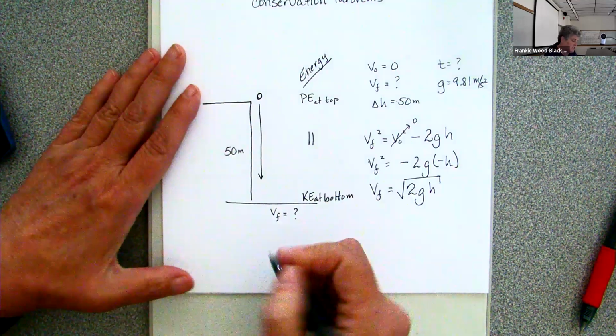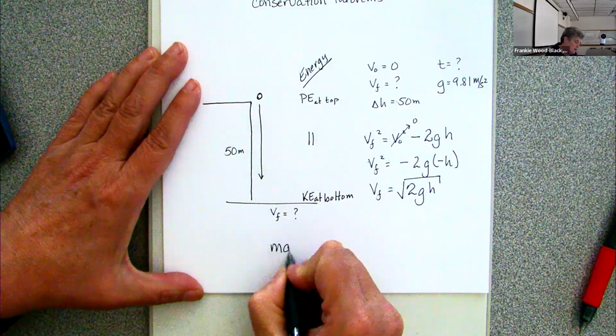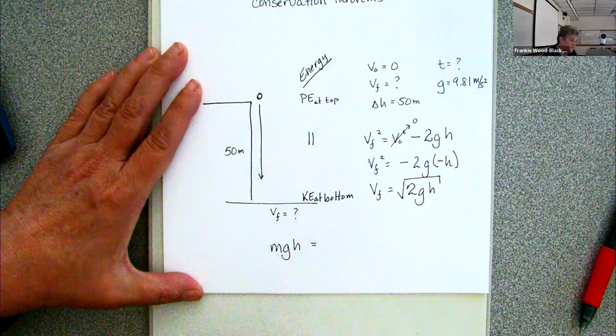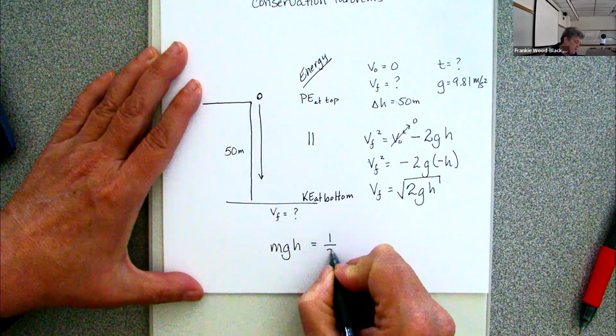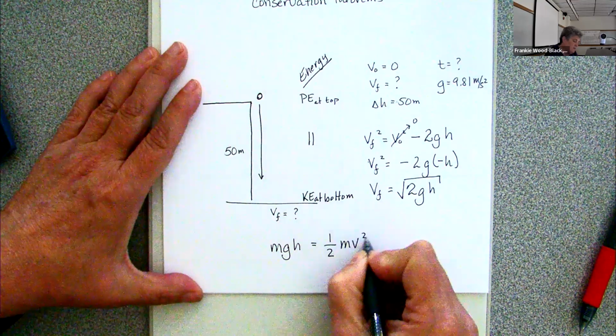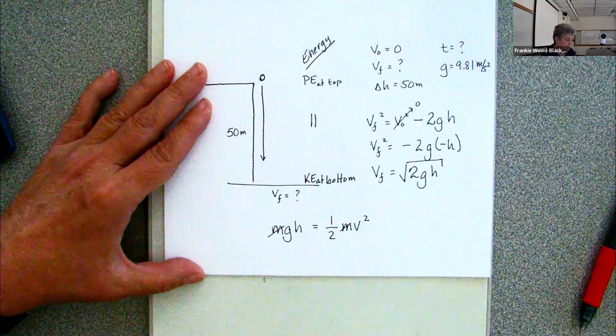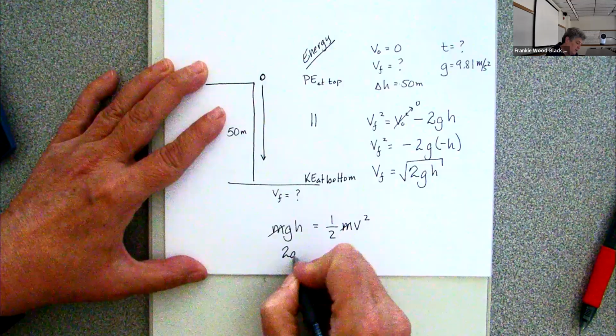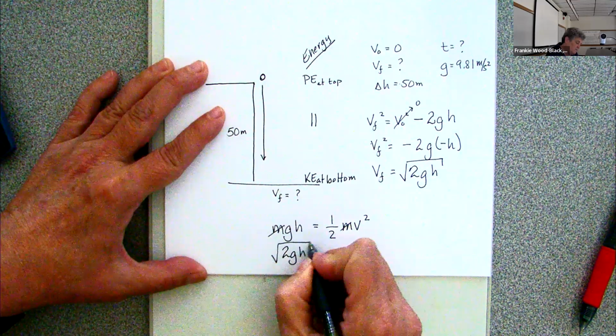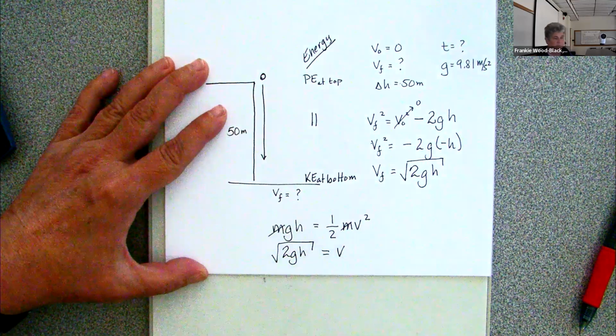Okay, potential energy at the top is mgh. Kinetic energy at the bottom is 1/2 mv squared. Mass becomes irrelevant. I get the square root of 2GH is equal to the velocity.